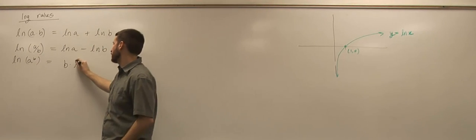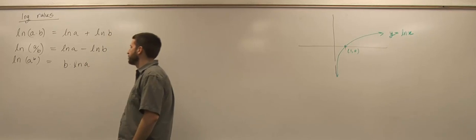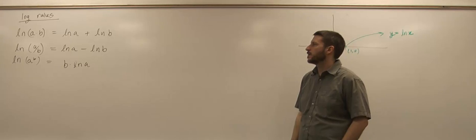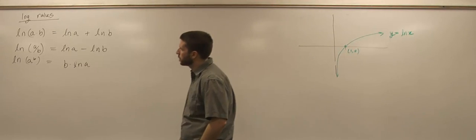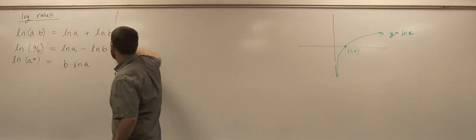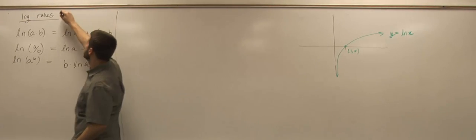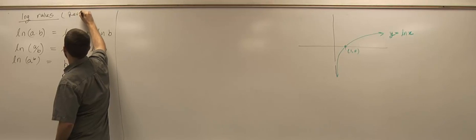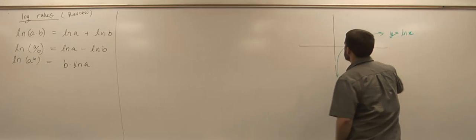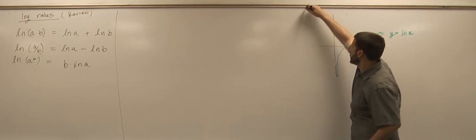So it's B natural log of A. Okay, so we'll do some examples of these in a second, but this is just review. This is our graph of natural log x, so you're definitely going to want to remember that.